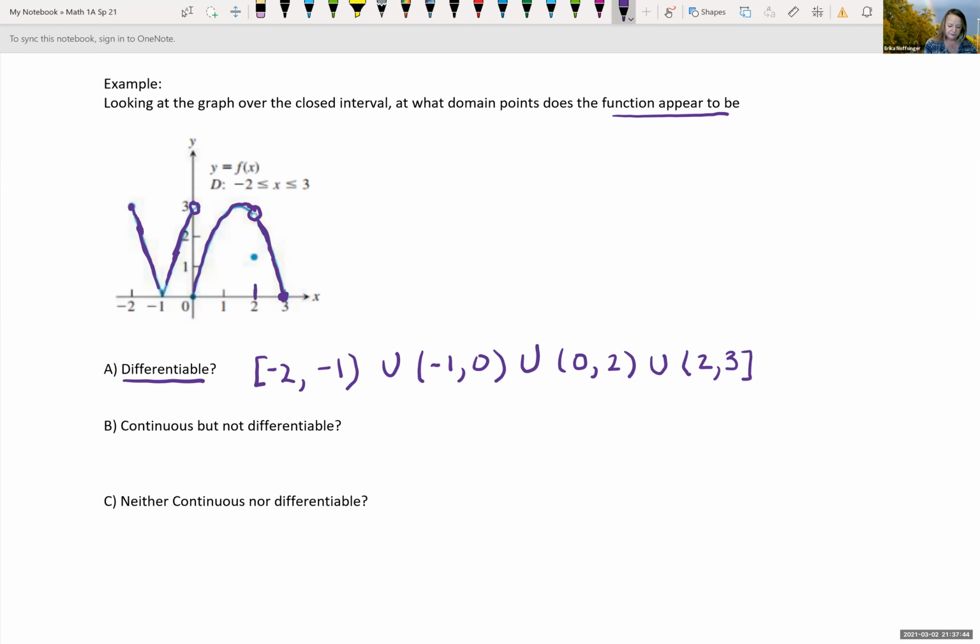Continuous but not differentiable. So I see only one spot where this is continuous but not differentiable. I have a jump at x equals 0, so it's not continuous there. And I have an open circle and a point below that at x equals 2, so it's not continuous there, but it is continuous at x equals -1.